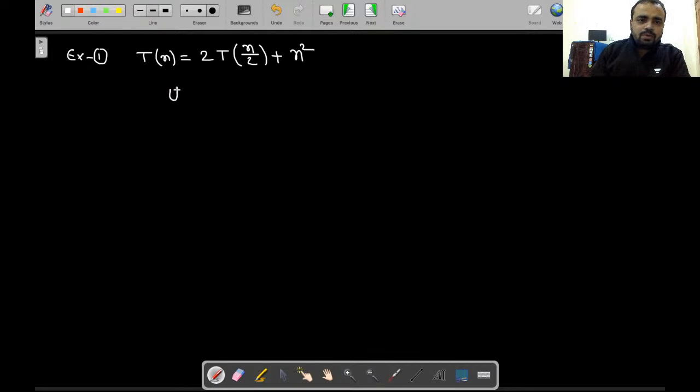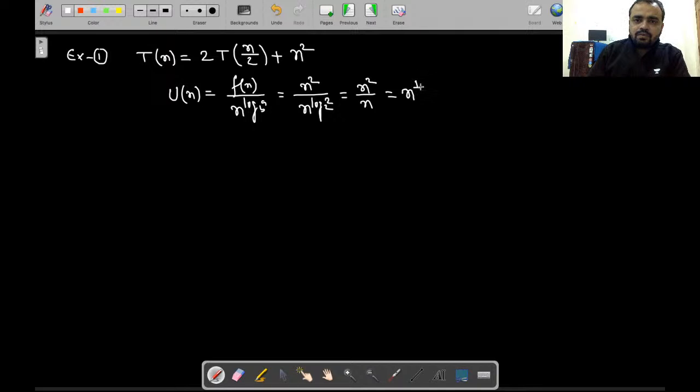So यहाँ से अगर हम लोग u of n कैलकुलेट करेंगे तो ये क्या होता है, u of n is equal to f of n divided by n to the power log of a on the base b. So this implies n square divided by n to the power log of 2 on the base 2. So this implies n square divided by n, and this implies n to the power 1.